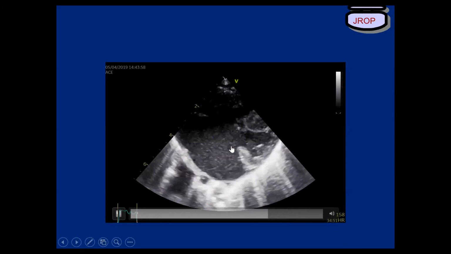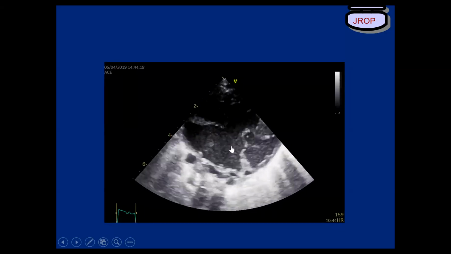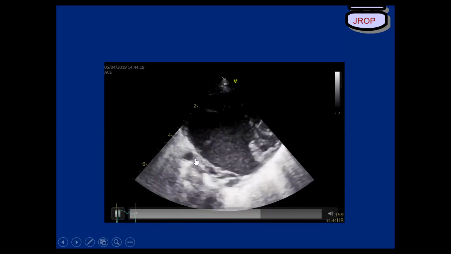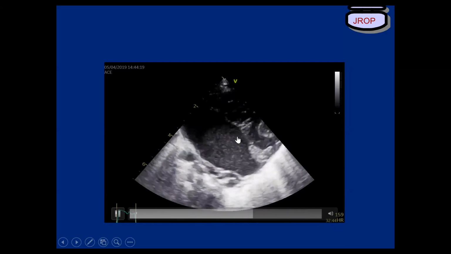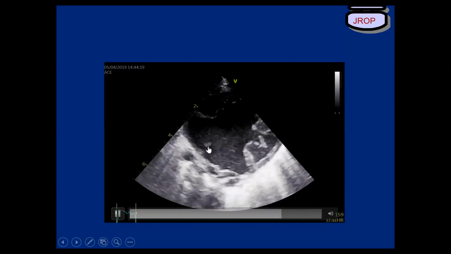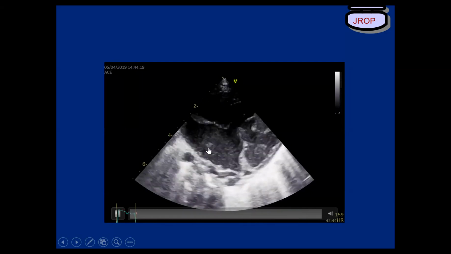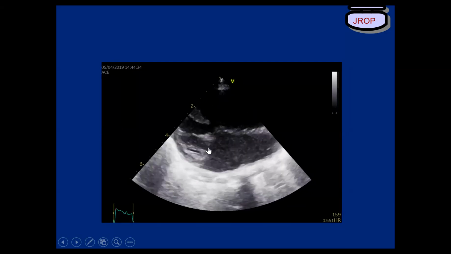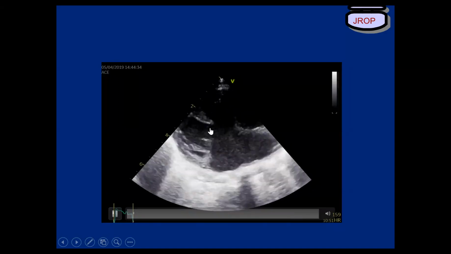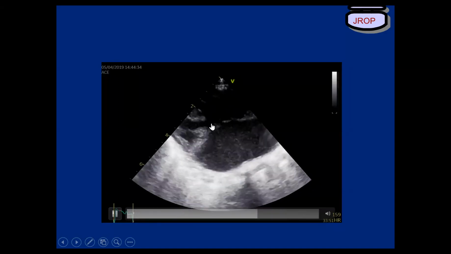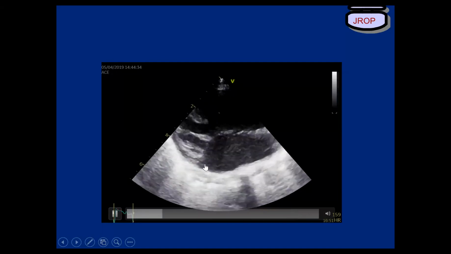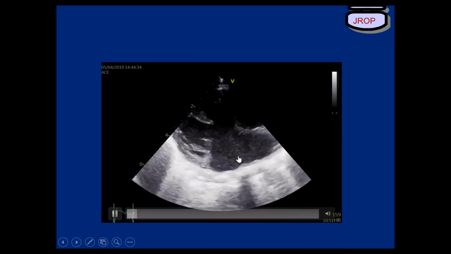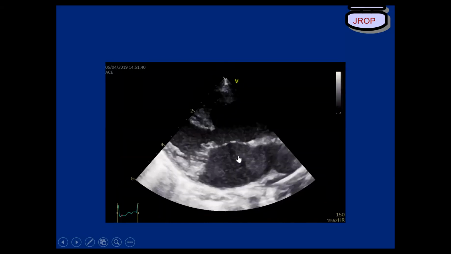This is known as absence of interatrial septum, a septum primum defect, basically. You can see some part of the remnant of the septum over here. Now you see something like a VSD out here. So this is common utilization of both atria. There are common chambers.